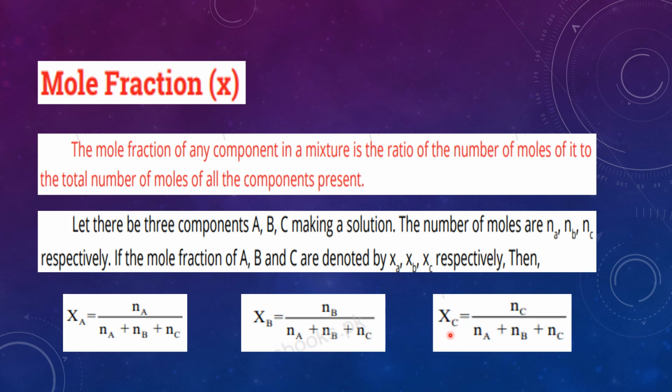And the mole fraction of C will be the number of moles of C divided by the total number of moles of all the components present in the mixture. So mole fraction is the ratio of the number of moles of the component to the total number of moles of all the components present in the mixture.